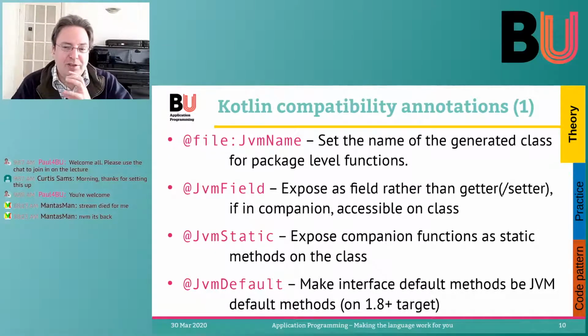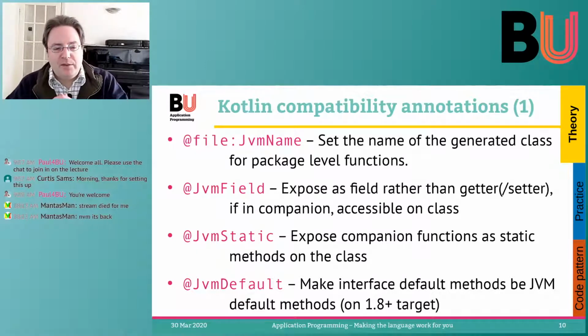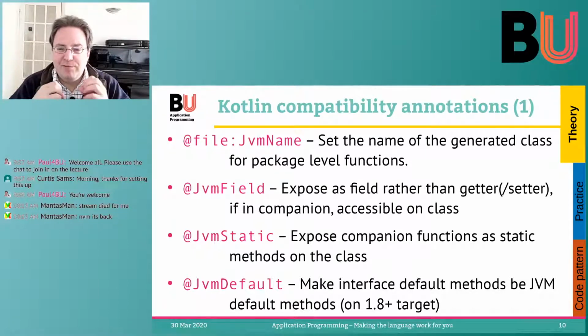So yes, looking at the Java compatibility does help you to understand how it actually works. Then we have @JvmField. Sometimes in Kotlin, whenever you have a val or a var that is not private or that has explicit getters and setters, it will create a private field for it and the getter and setter functions.